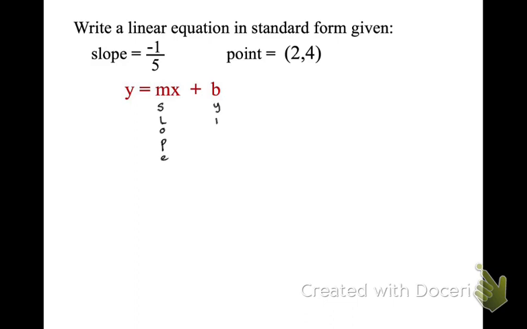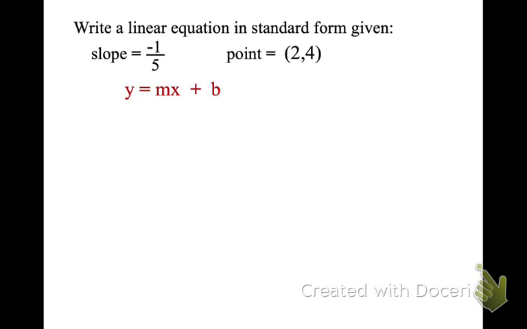This is the y-intercept. And this is just the ordered pair, the x and the y, the coordinate, x comma y. So when given a point, that's where those would get substituted.